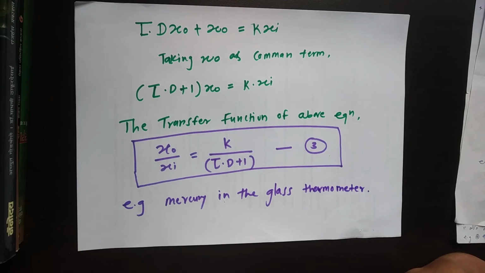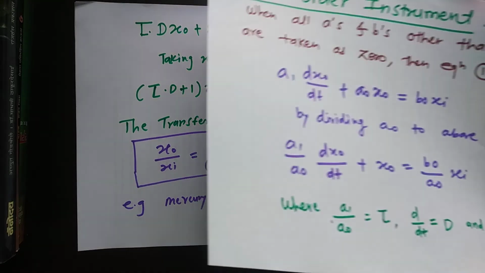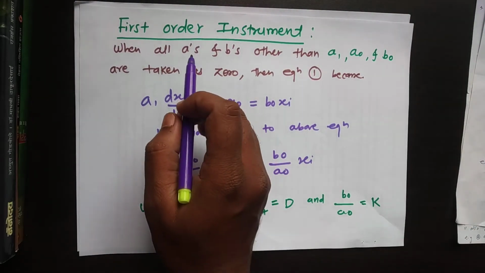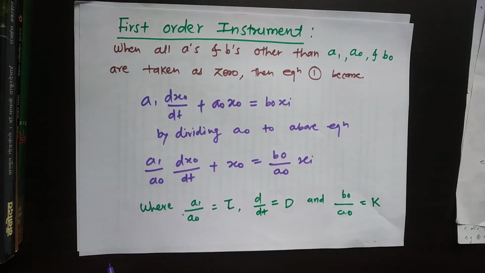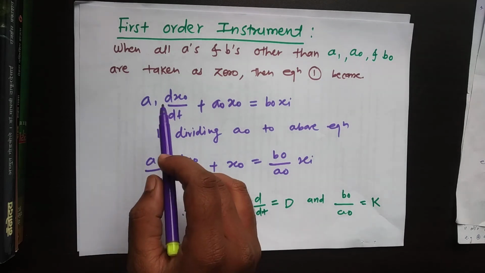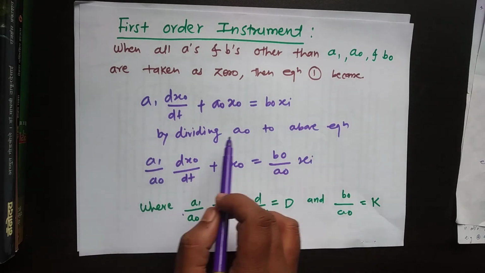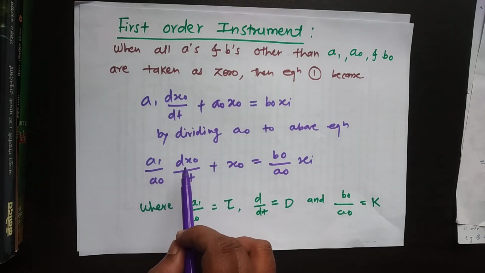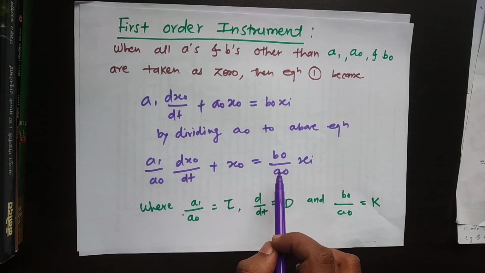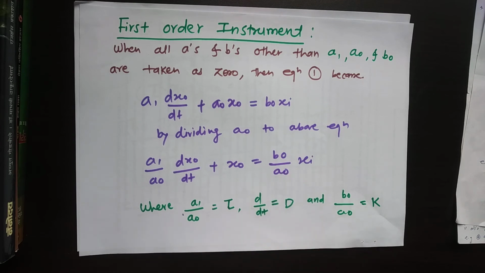We have derived this first order instrument from the generalized nth order instrument. In order to get this, we consider all A's and B's other than A1, A0 and B0 to be 0. Then the generalized nth order equation number 1 becomes like this. By dividing both sides by A0, we get (A1 upon A0) dx0/dt plus x0 is equal to (B0 upon A0) xi.